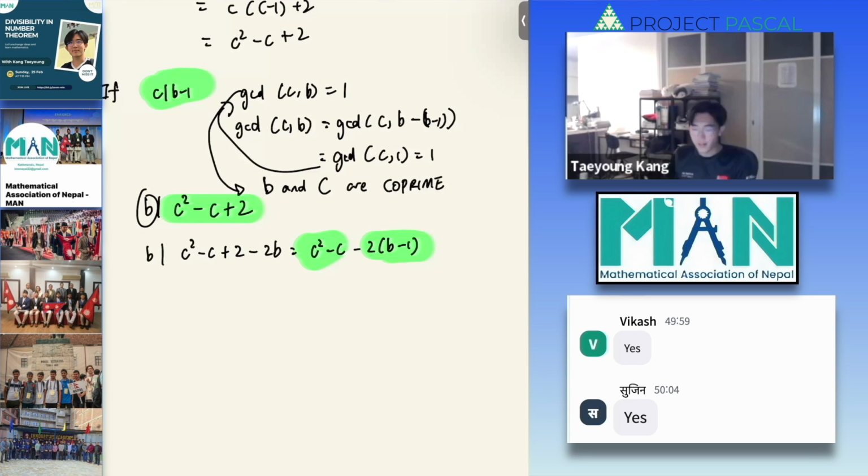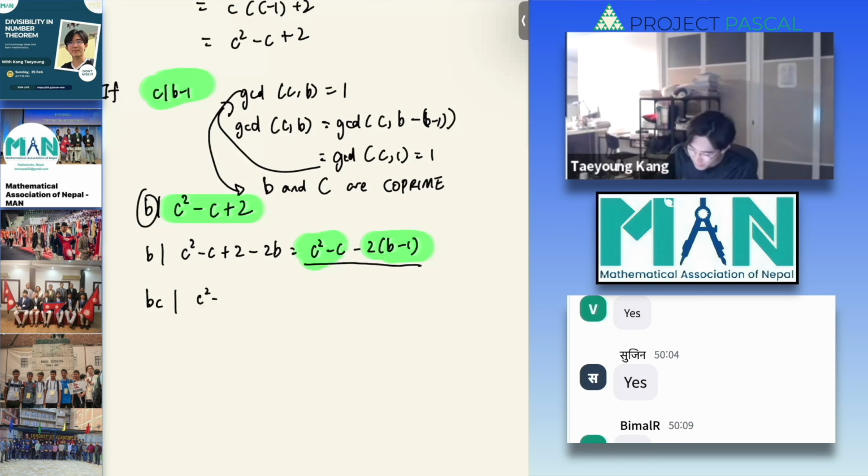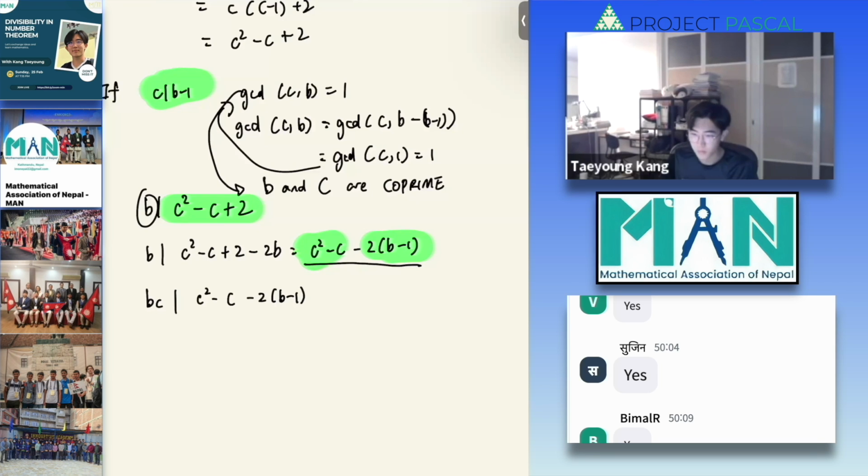So if B divides this expression and C also divides this expression, it must mean that BC also divides this expression, right? Do you guys agree?